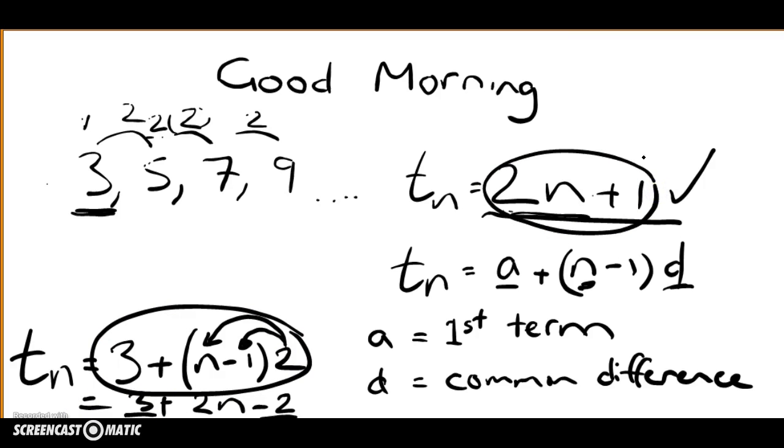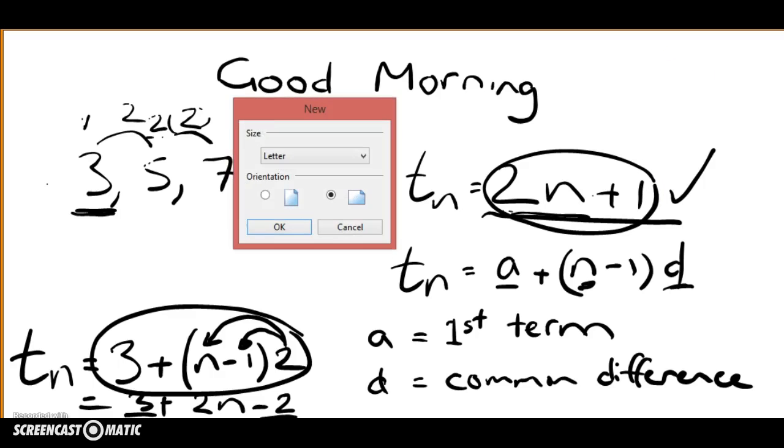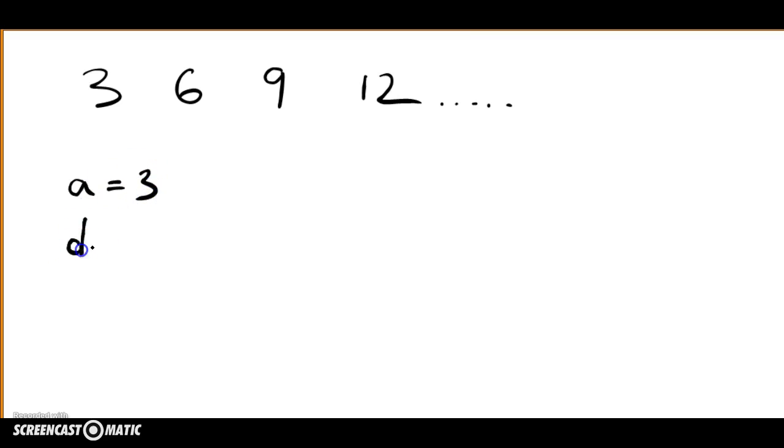Let's take another simple sequence and we'll apply the formula. Here's one: 3, 6, 9, 12, goes on and on. First term is 3. Common difference is, how much does it go up by? Also 3.